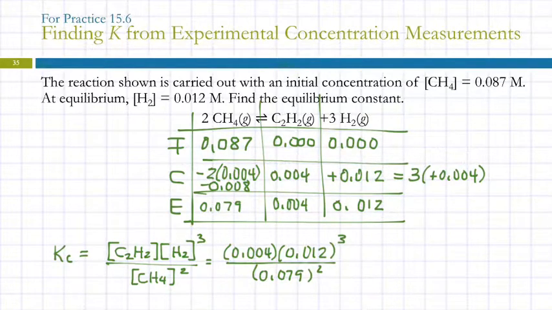And sometimes you can get all this set up right and then you miscommunicate with your calculator, which is a serious bummer. I'm getting 1.2 times 10 to the negative 6.